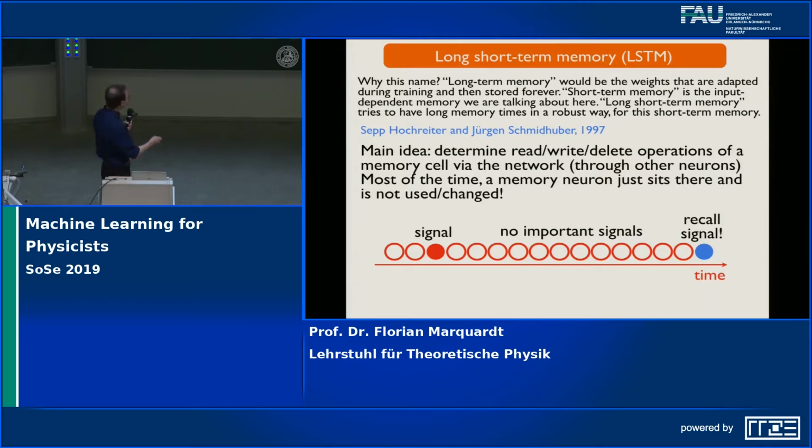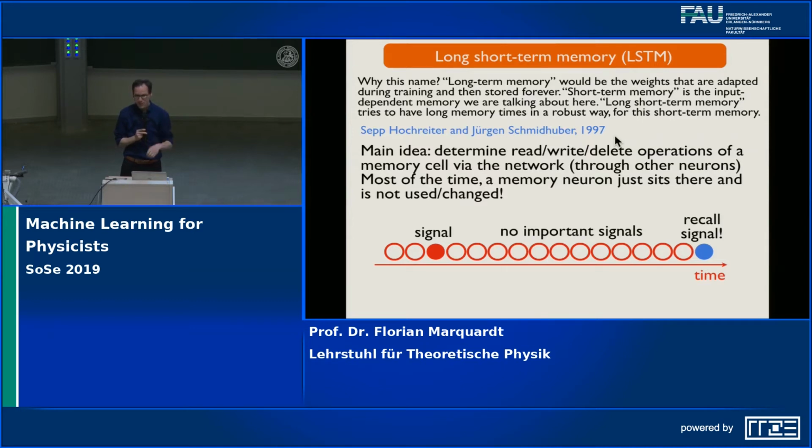And so what these people realized, Hochreiter and Schmidhuber, is that you want to avoid this problem of vanishing or exploding gradients. And their idea was maybe you can do it such that you read out the memory cells only very rarely, namely when you understand that you should read them and exploit the readout.